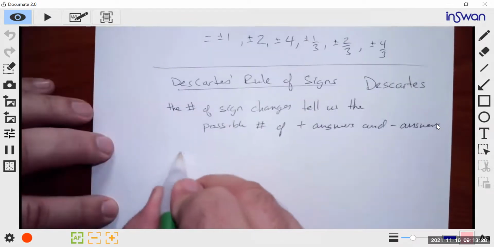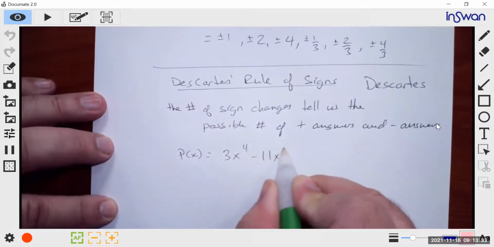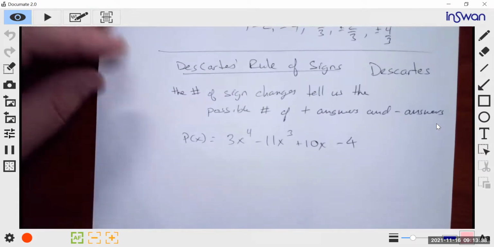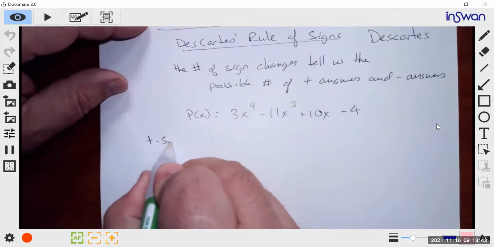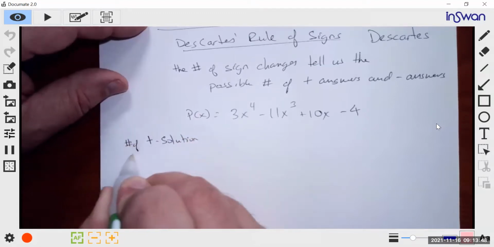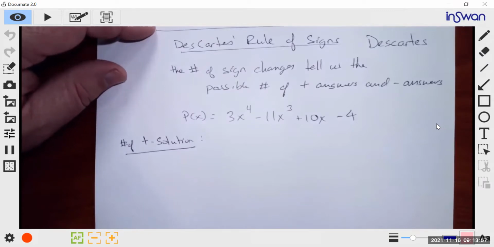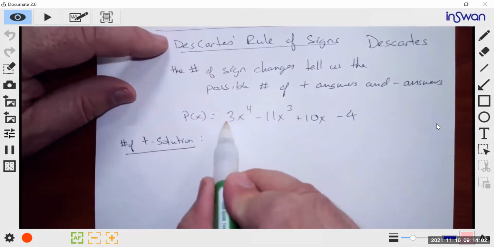So let's look at the one we just had on top. 3x to the fourth, 11x cubed, 10x minus 4. So the number of positive solutions, use the original equation. So what I'm saying here is, look at the coefficients.